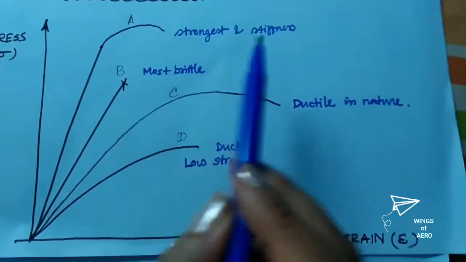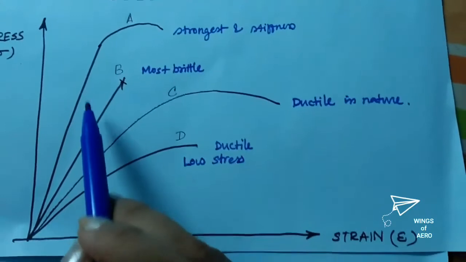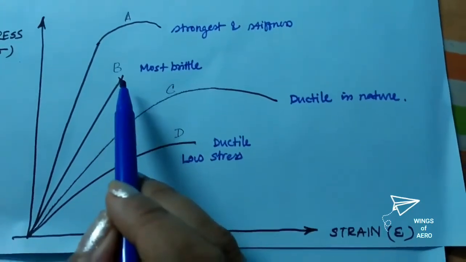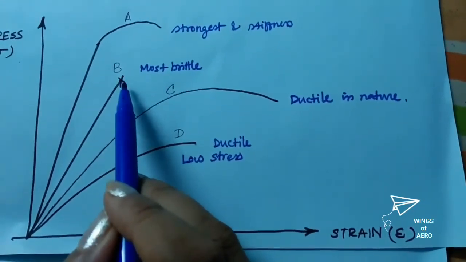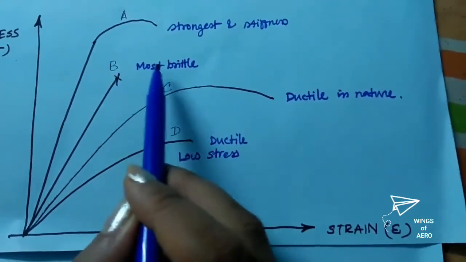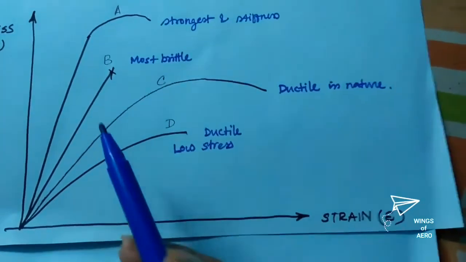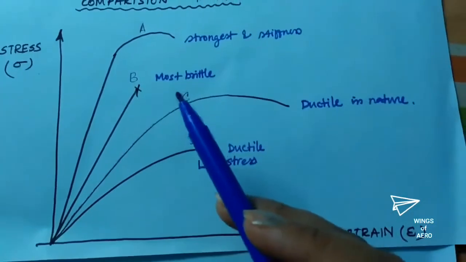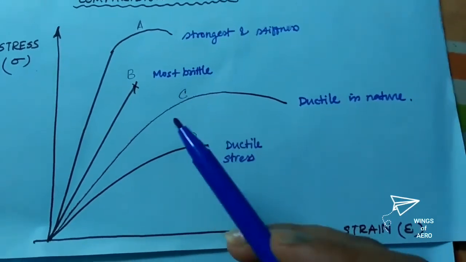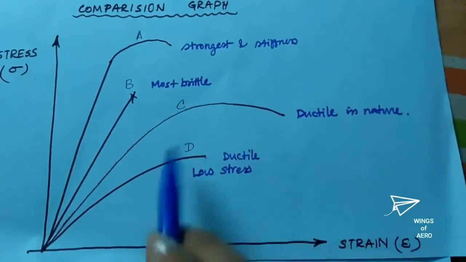The strong and stiff material has the maximum slope. Then the brittle one: you can find there won't be any buckling or curves, it's directly a linear straight line. Those kinds of curves are mostly brittle, like glass, chalk, etc.